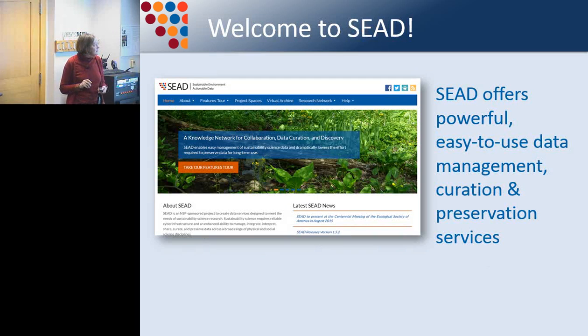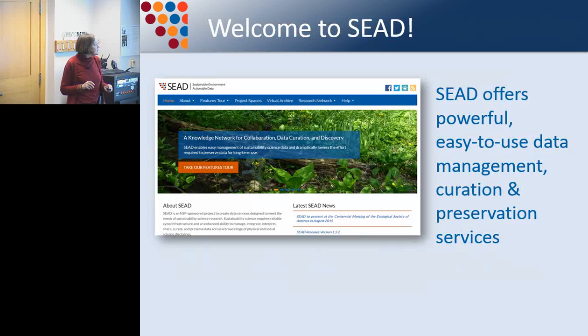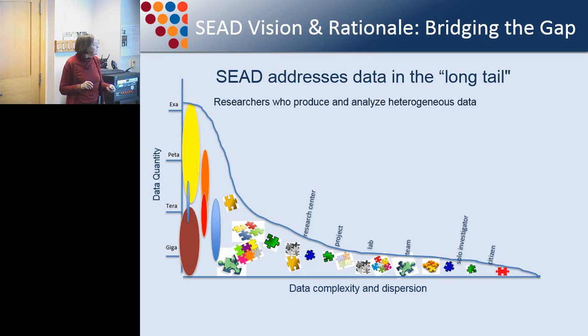SEED was designed to help researchers, for one thing, who have to analyze really heterogeneous data or multiple types of data. That could be image data, sensor data, numeric data in spreadsheets, models.